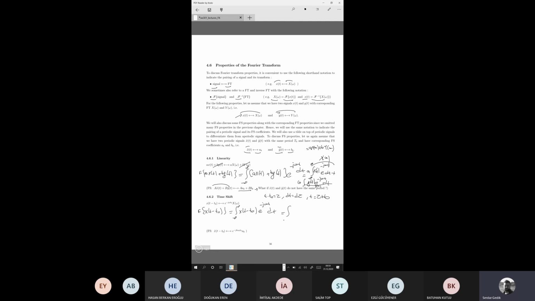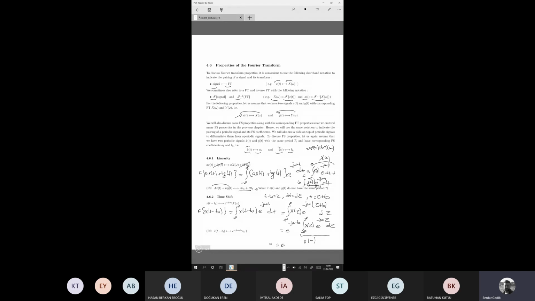So if you continue, this is the integral of x of tau e to the power minus j omega (tau plus t0) instead of t. So I have d tau here, and this is equal to e to the power minus j omega t0 times the integral from minus infinity to plus infinity of x of tau e to the power minus j omega tau d tau. Well, this is nothing but X of omega.